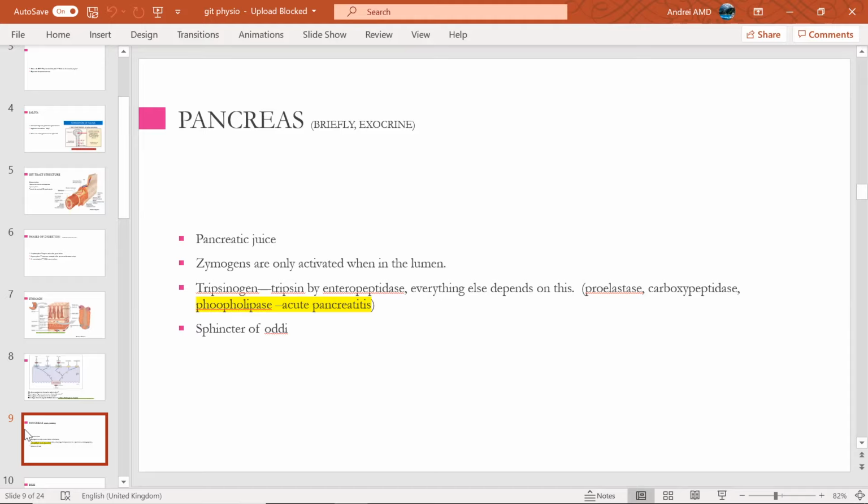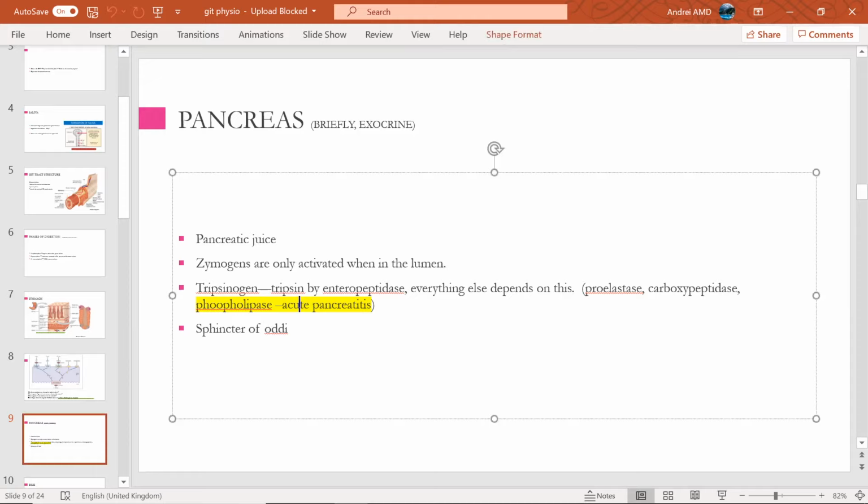Elastase is responsible for degrading elastin, and carboxypeptidase and phospholipase, this is also the one that breaks down lipid. And what I wanted to say is that a lot of these enzymes depend on trypsin for activation. If you have trypsin, then these enzymes will be like, okay, I'm going to activate so that I can do my stuff.